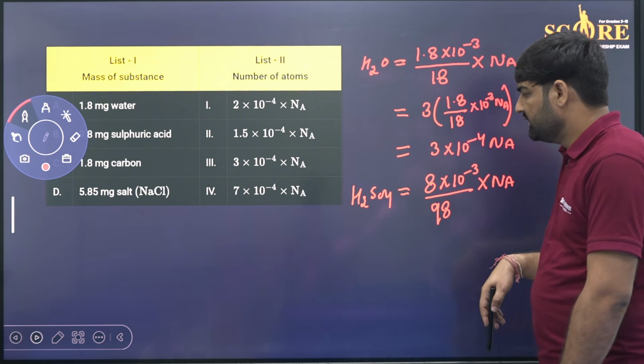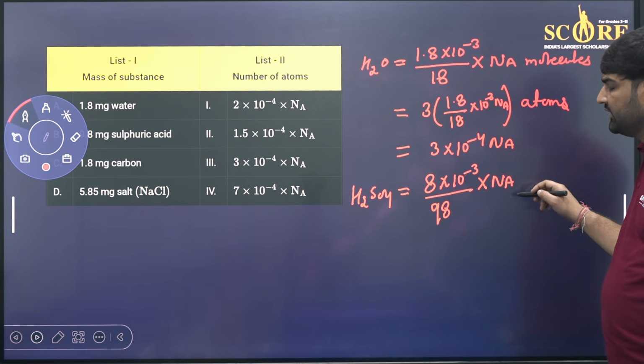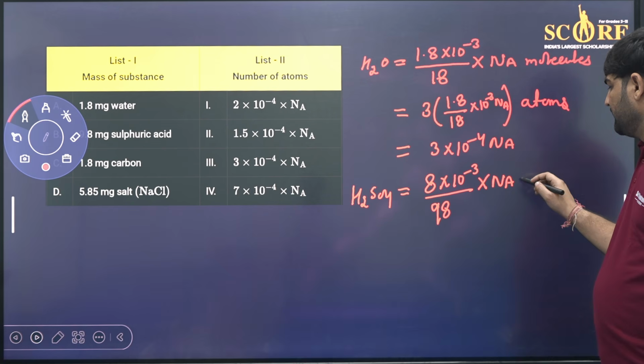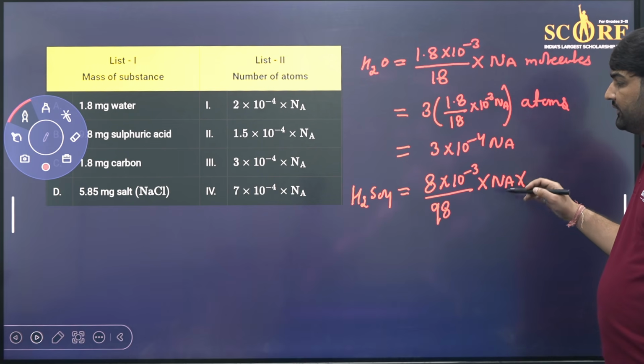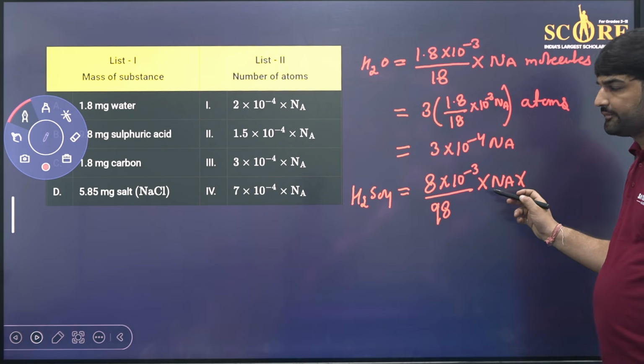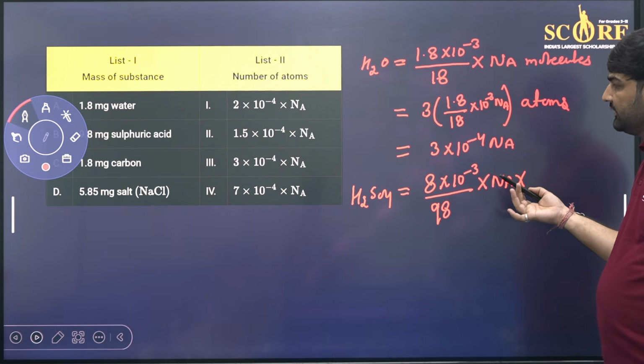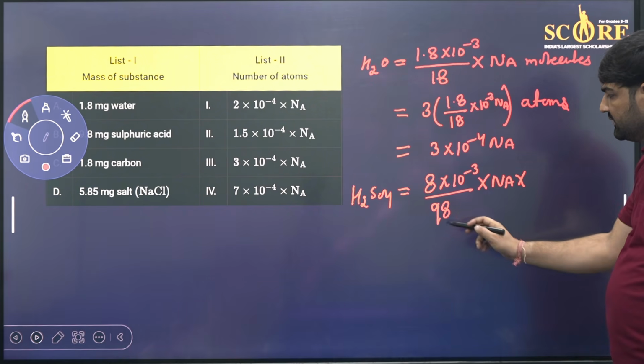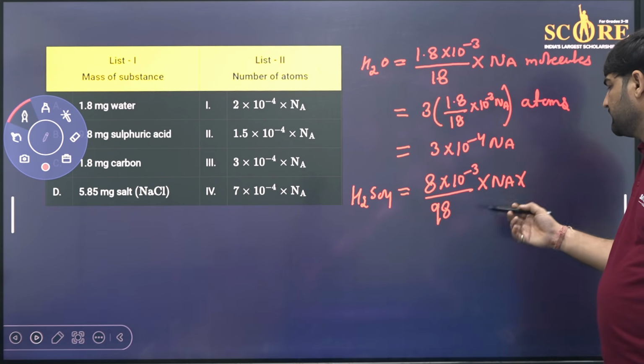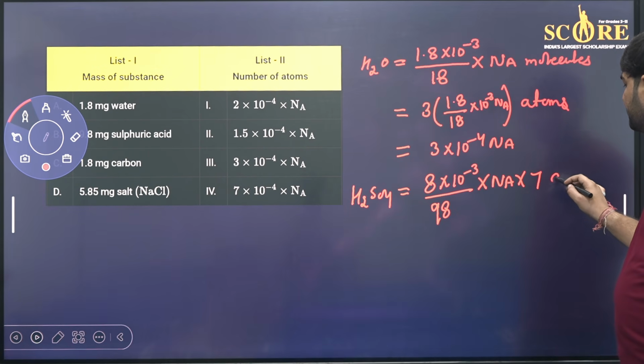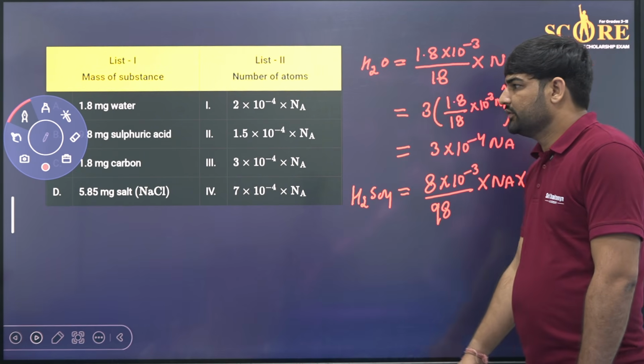It means this is 7 atoms in a single molecule. Now if we want to know how many atoms are there in all molecules, then we can say this will be the number of atoms in H2SO4.